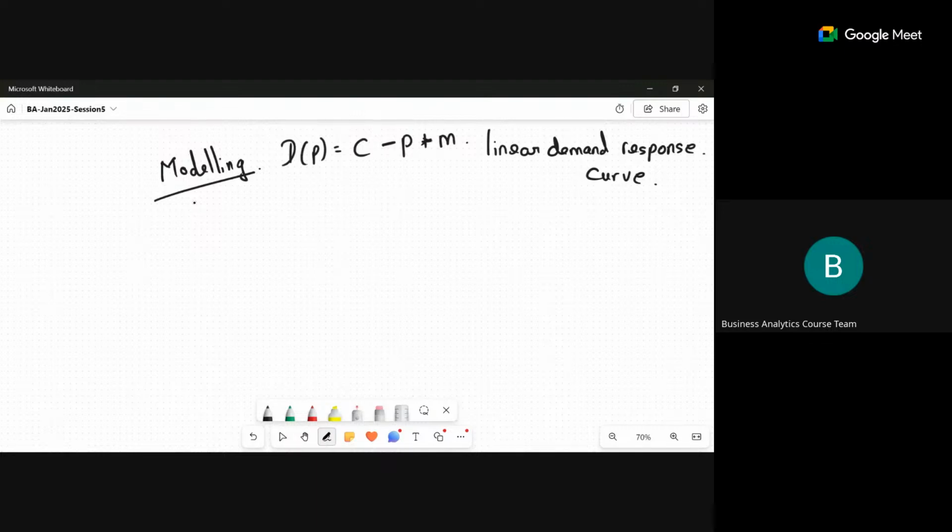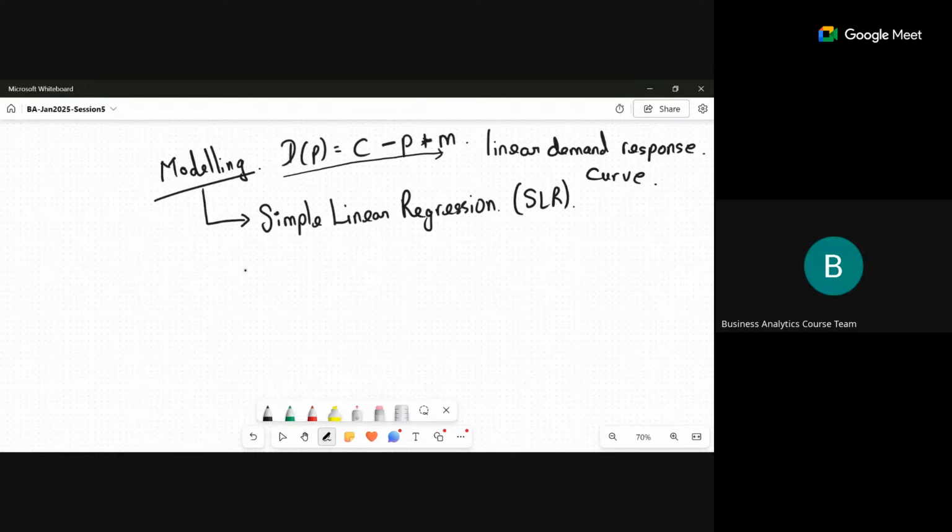So I will be using a technique known as simple linear regression, SLR. This method will be used to identify this type of curve. A general SLR model is nothing but y hat is equal to beta naught hat plus beta 1 hat x.